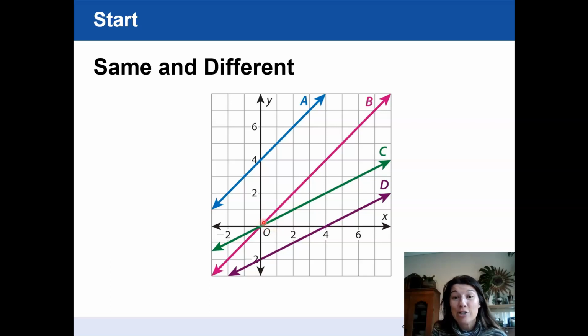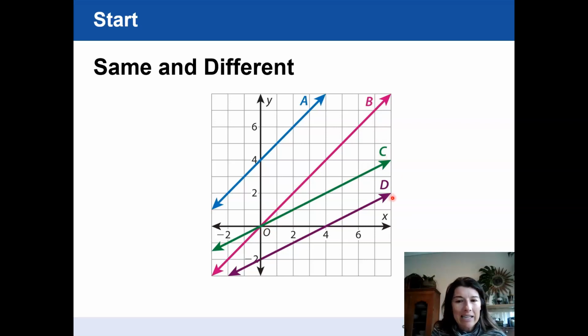That means their slope is different. B has a slope of up 1 over 1, so a slope of 1. For C's slope, find 2 points on C. If we go up 1 over 2 we find the next point on the line. So B and C have the same y-intercept, but different slopes.